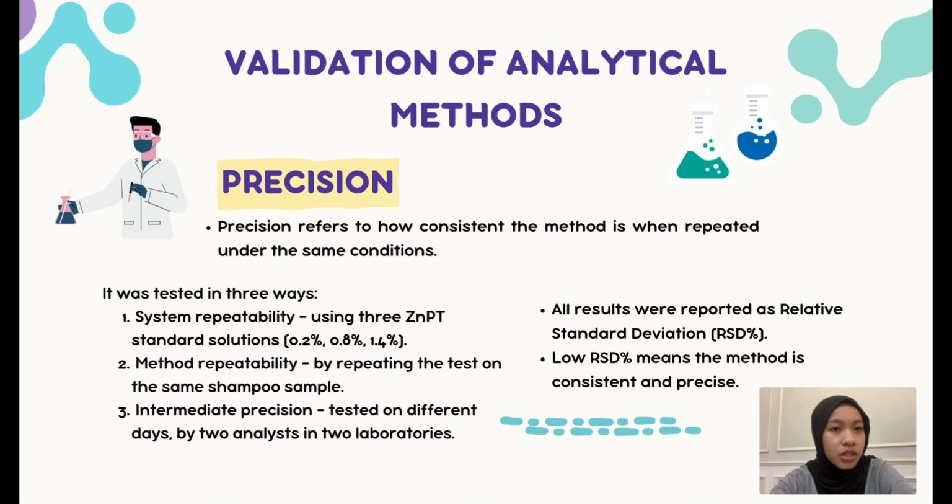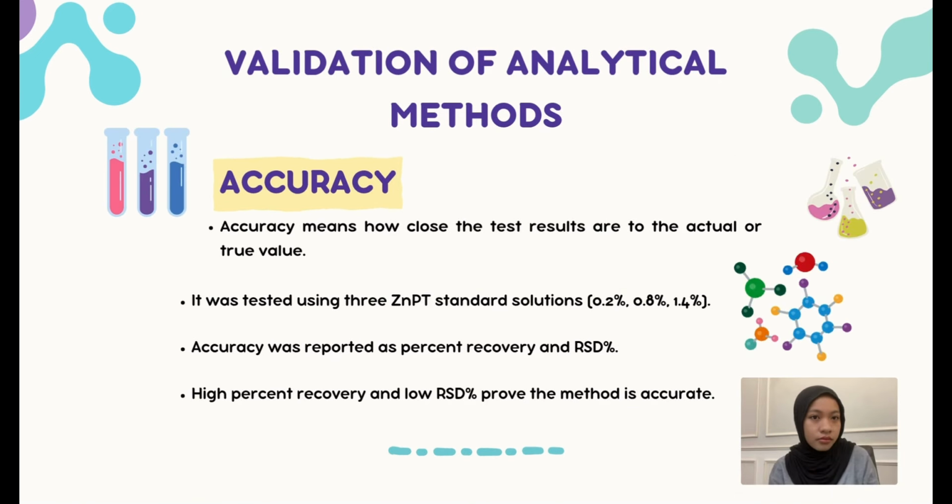Second, method repeatability, where the same shampoo sample was analyzed multiple times using the same method. And lastly, intermediate precision, which was tested by 2 different analyses on different days and in 2 separate laboratories. All the results were expressed as relative standard deviation or RSD percent. A low RSD value means the method gives consistent results and is considered precise.